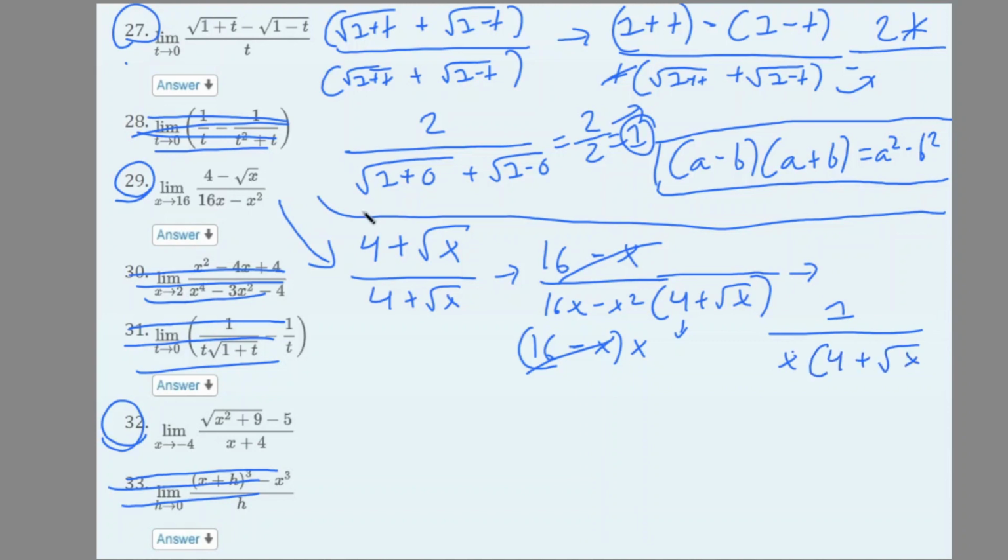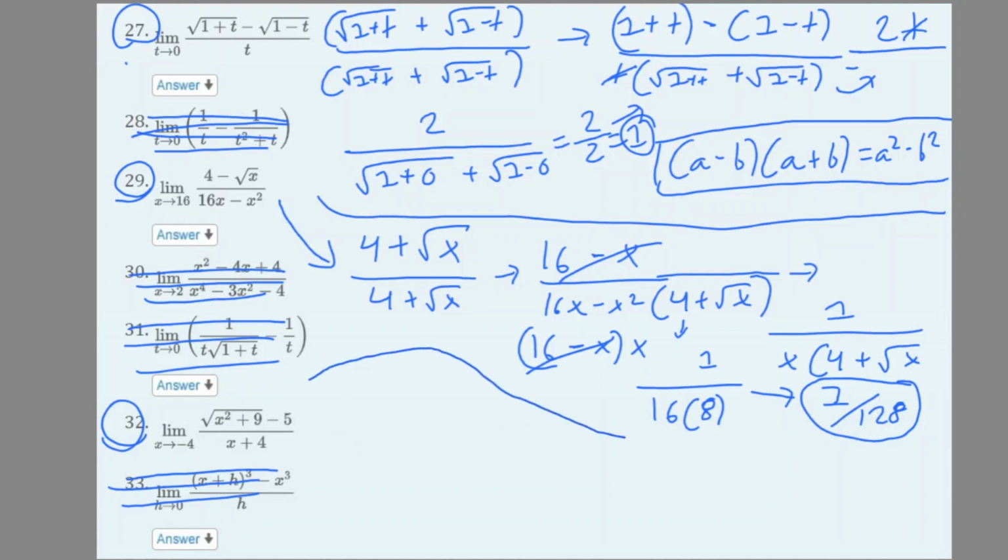Now if we plug in 16, we would get 1 over 16 times 4 plus radical 16, which is 4, so 16 times 8. And that would give us 1 over 128. That would be your final answer.